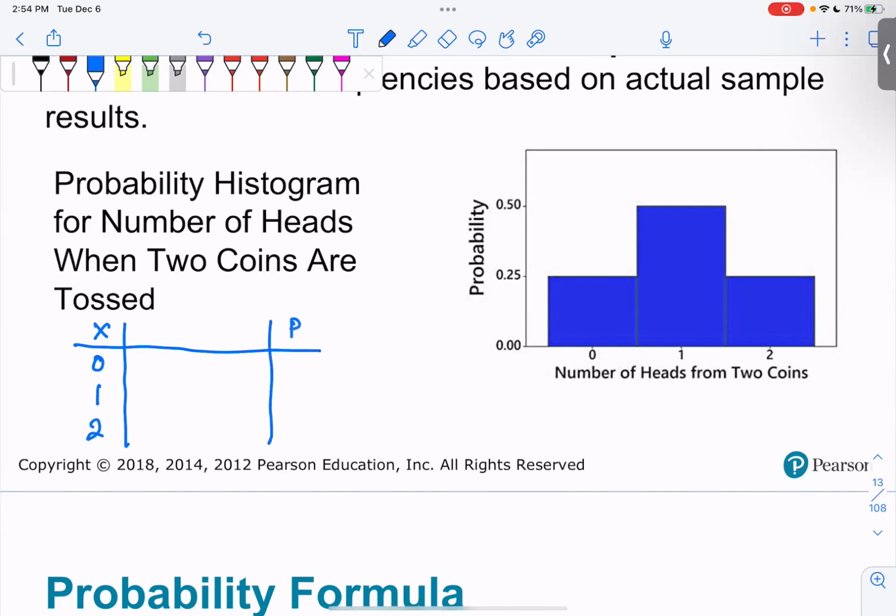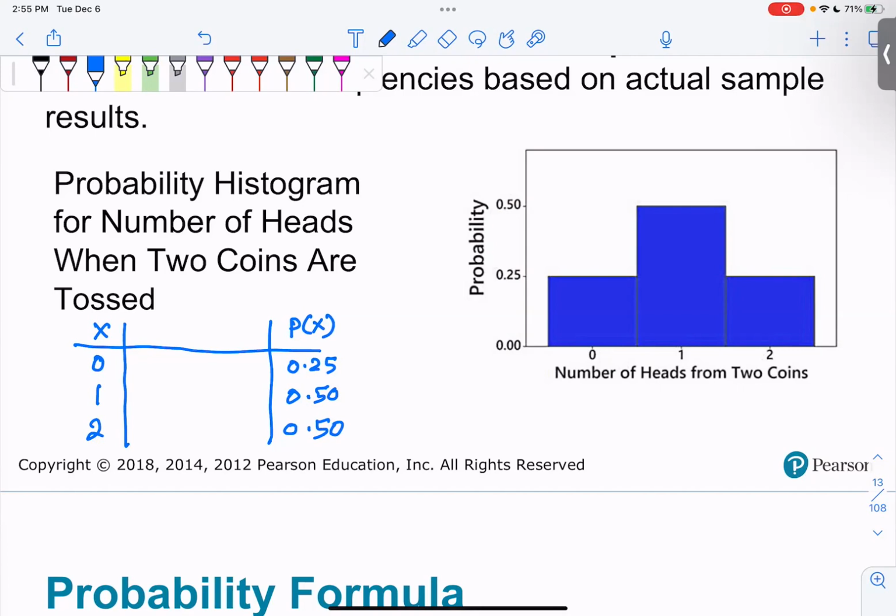And then the probability of x equals 0.25, 0.5, 0.25. Can you tell me, what's this graph? We did this graph before. What's the name of this graph? Histogram, right? This is a histogram.